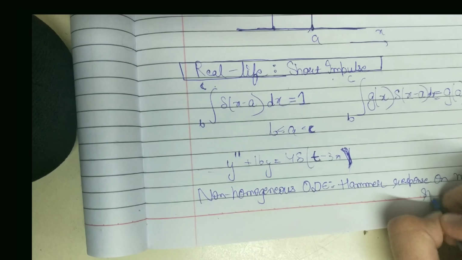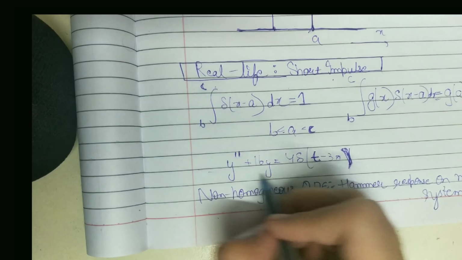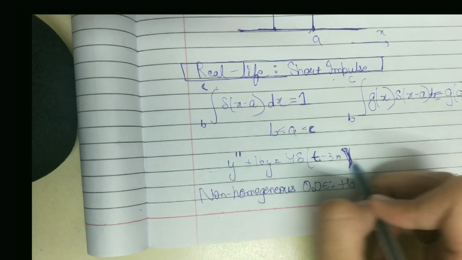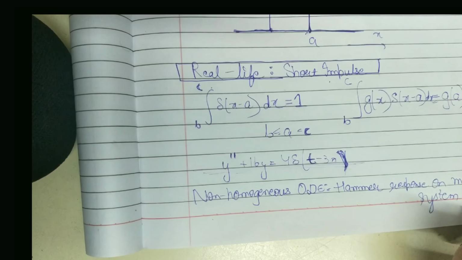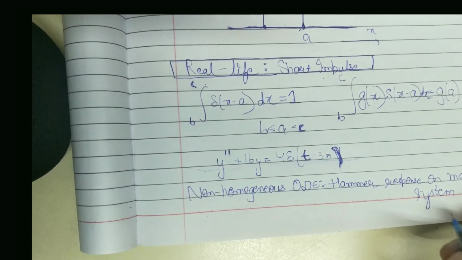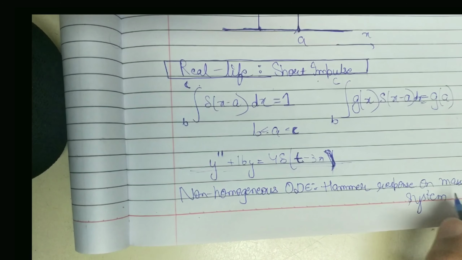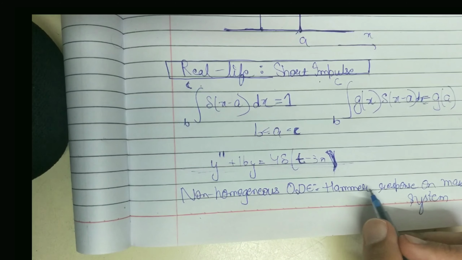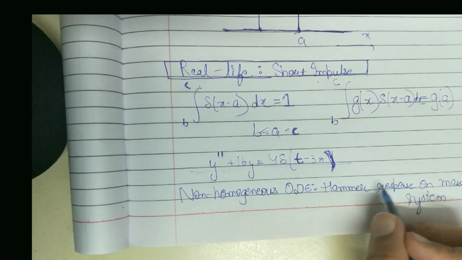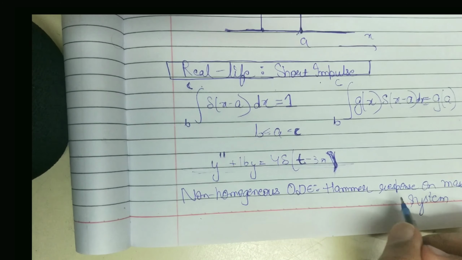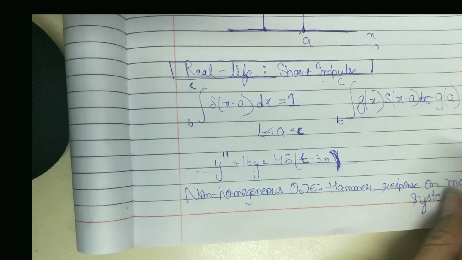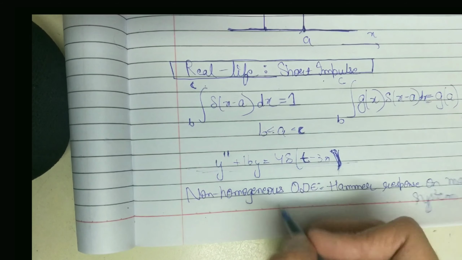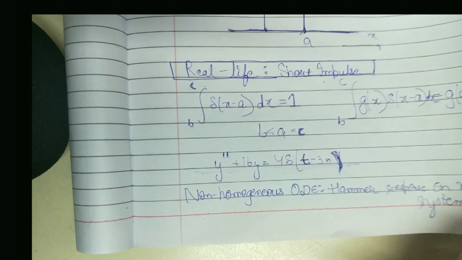The solution of this equation has the same motion that we get if a mass spring system gets an external force due to a hammer, in undamped conditions, which we will see later. So this concludes our first part.